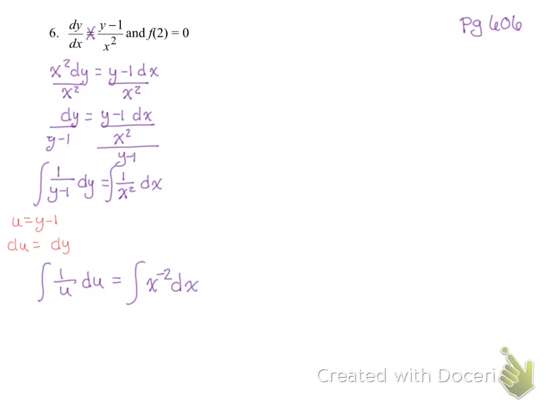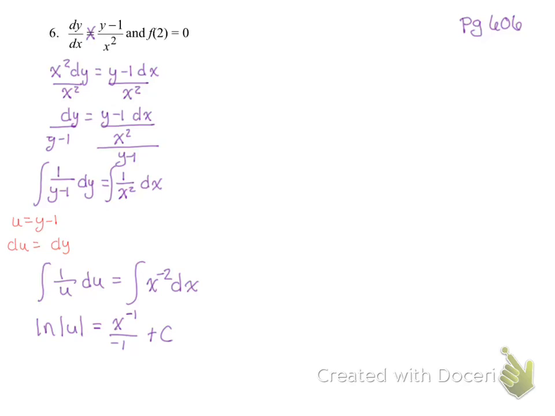You should know that to integrate 1 over u, it's the natural log of the absolute value of u, which is going to equal, and then we integrate this, so we add 1, so it's going to be x to the negative first over your new exponent, plus c.